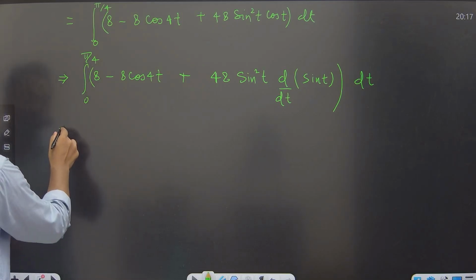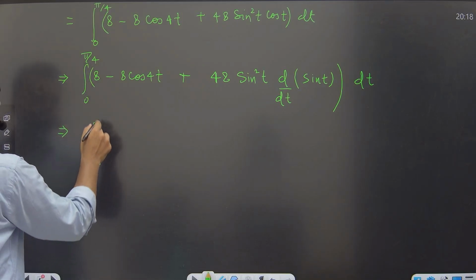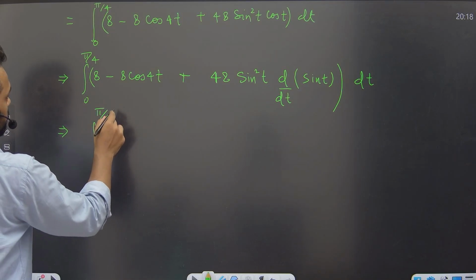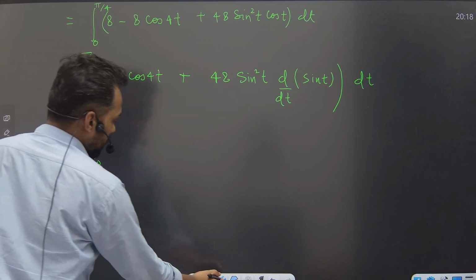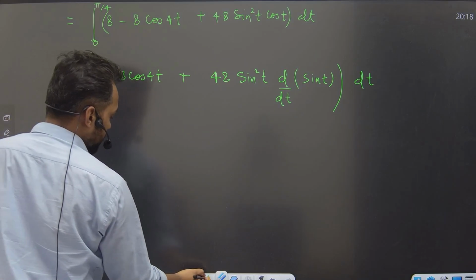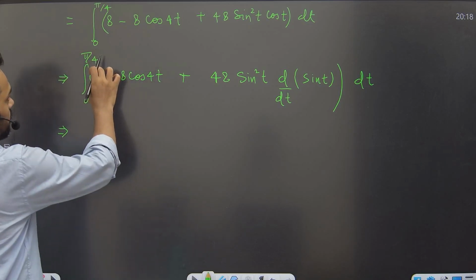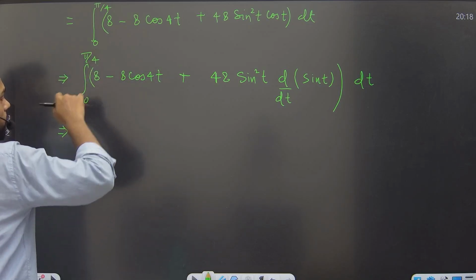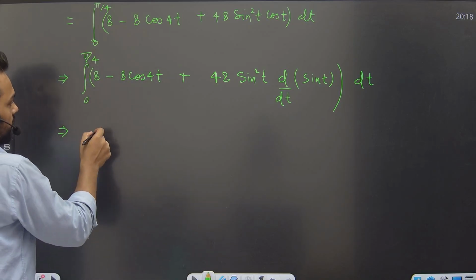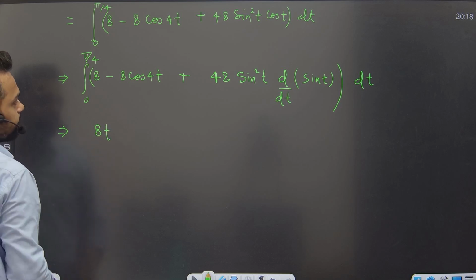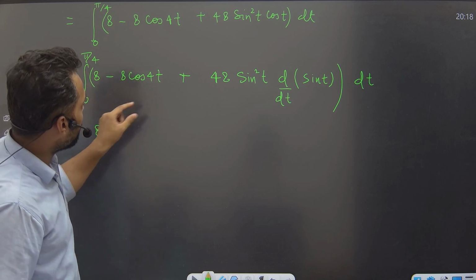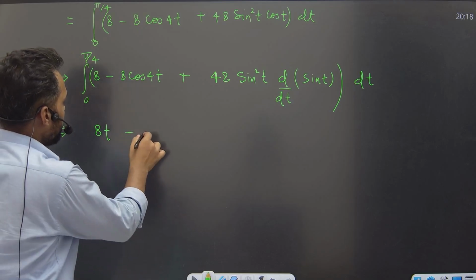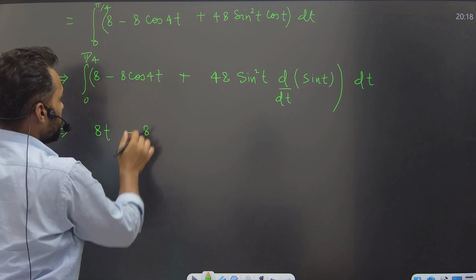So what we'll get here, from 0 to pi by 4, on integrating. I'll directly write the integrating part, students. First, here 8, no value is there, so it will be directly 8 times t. Okay, I'm integrating now. Negative of 8 times, what will be the integration of cos 4t?